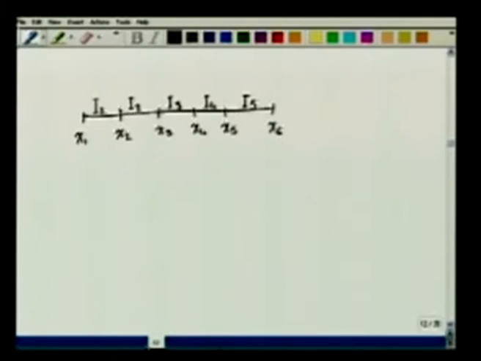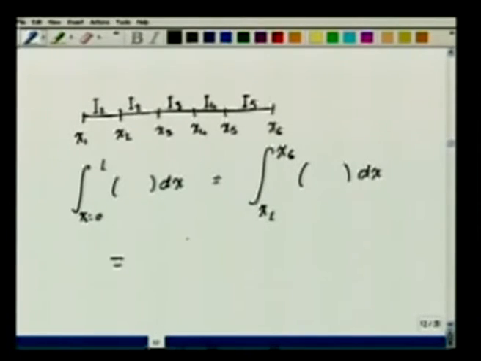So what we can do is that these integrals that we have from the weak formulation, we can break them up into sum of integrals over each of these elements, because integral from x equal to 0 to L of any expression dx is equal to integral, in our case, of x1 to x6 of that expression dx, which we can write as sum over l going from 1 to 5, integral xl to xl plus 1, that is the two extremities of the lth element, and the same expression dx.